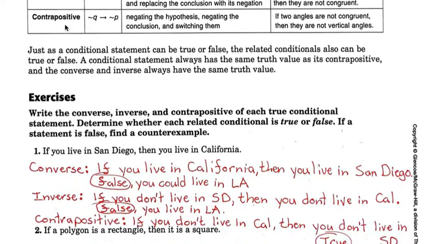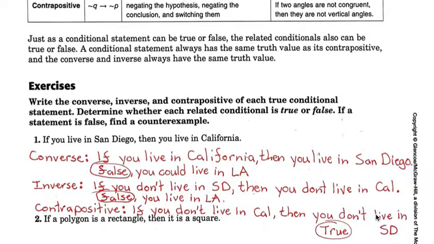That's where we switcheroo and we not both of them. So we have to switch California and San Diego and give them nots. If you don't live in California, notice I put this one up front, then you don't live in San Diego. And that is actually a true statement. All right. Talk to you later.